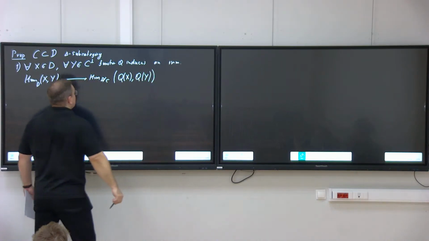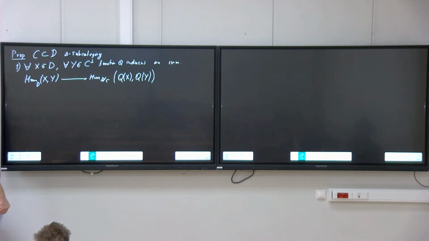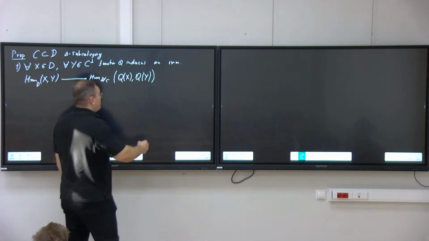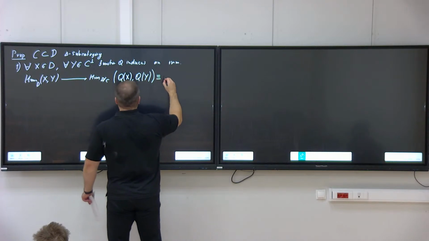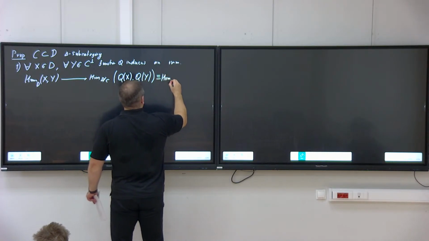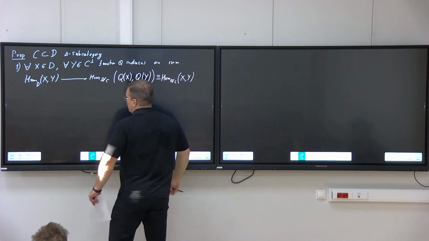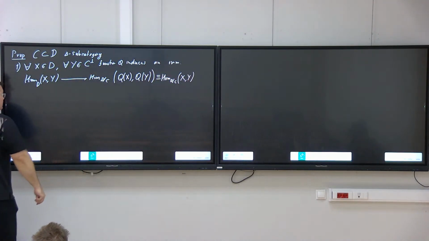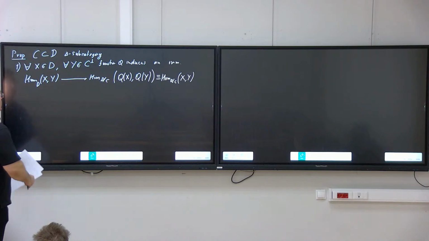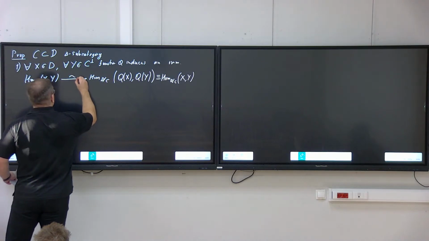Since this functor Q doesn't do anything on the objects, there is the standard abuse of notation, and people just for shortness write Hom in D/C between x and y, which is of course the same. So this functor induces an isomorphism.